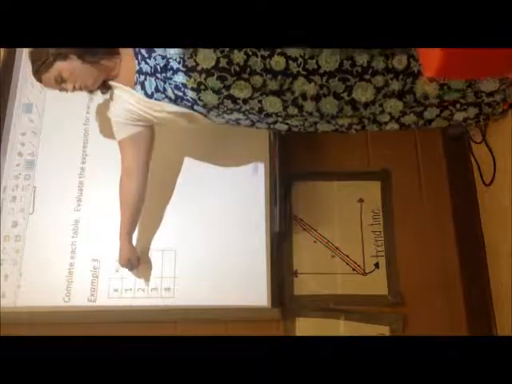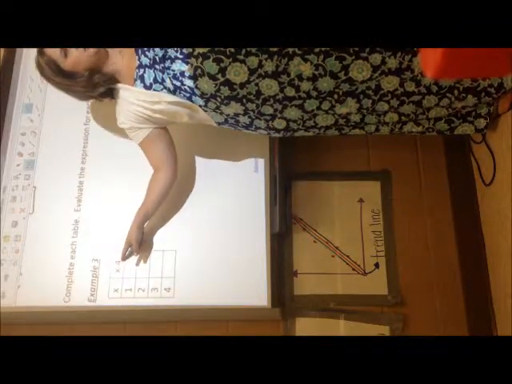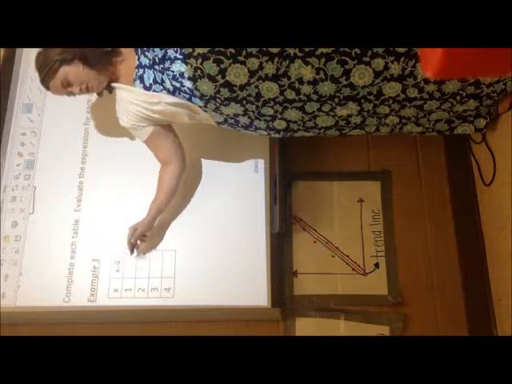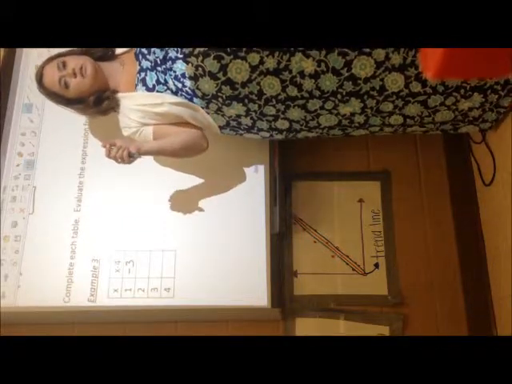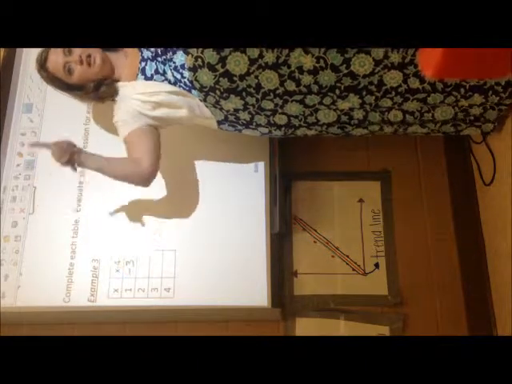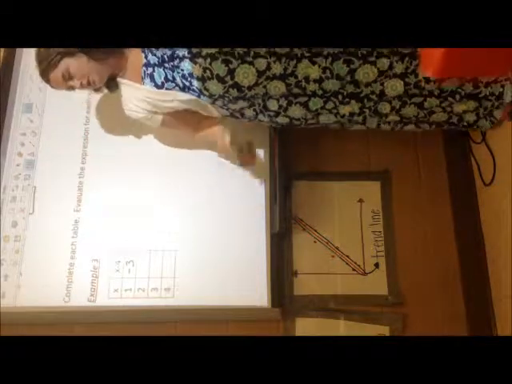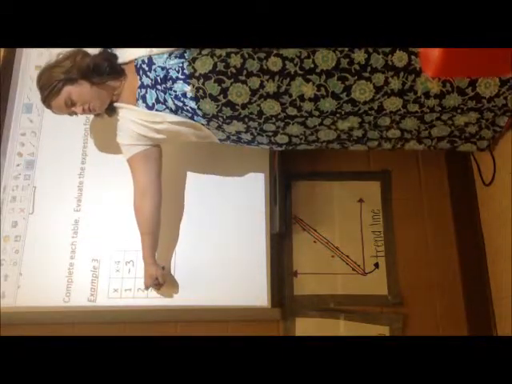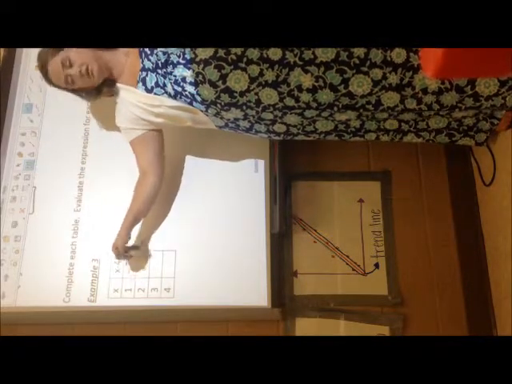Alright, so let's try that. If I input a 1 for this x, I would do 1 minus 4, which is negative 3. If it's in the middle, it's a minus. If the negative's at the front, then we say negative. Alright, and then here we do a 2, so 2 minus 4, which is negative 2.